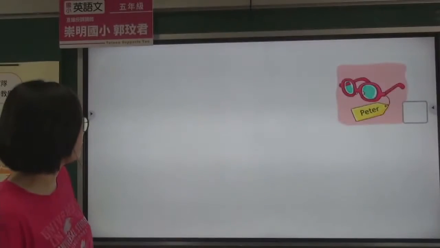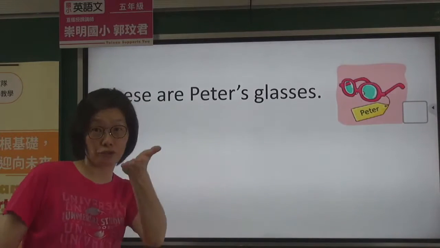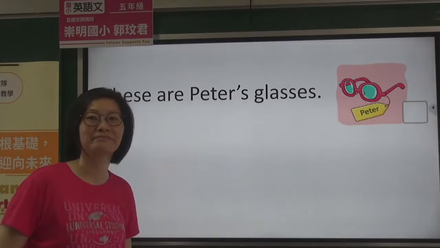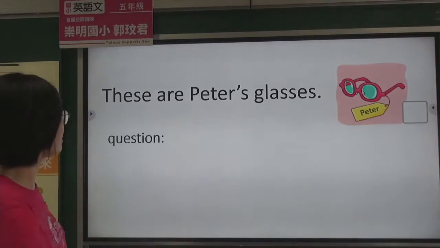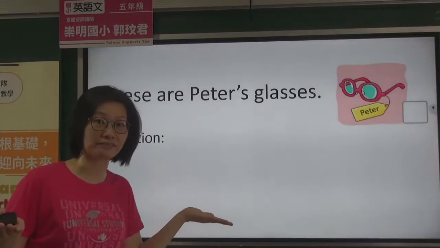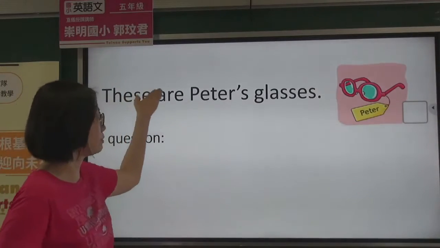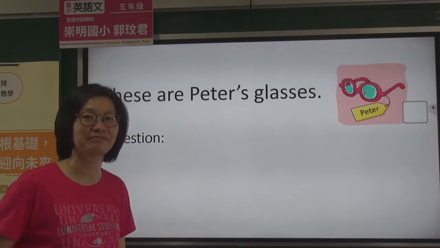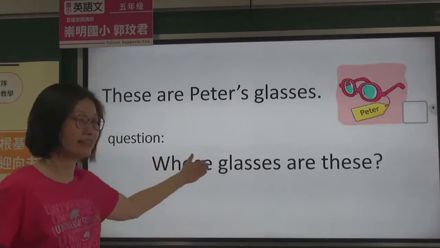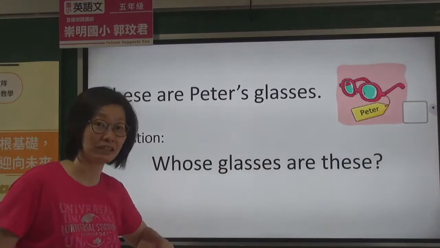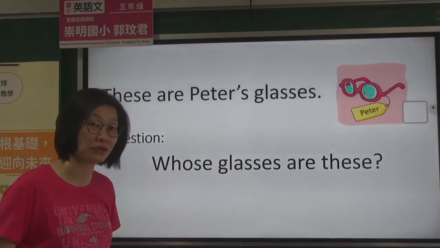This is mine. These are Peter's glasses. Do you agree? Again, what is the question? What question will you ask so that you answer like this: These are Peter's glasses. Very good. You got it. Whose glasses are these? Okay, pretty good.